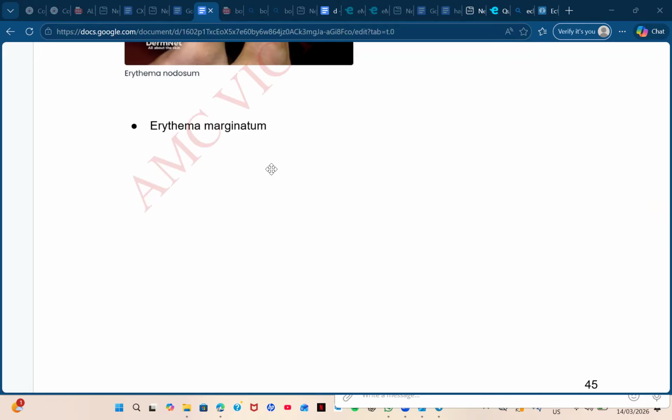J means what? Joints, right? So which joints are mainly affected? You can remember it as Jones. The name is also Jones criteria, and you can remember the major criteria as JONES.